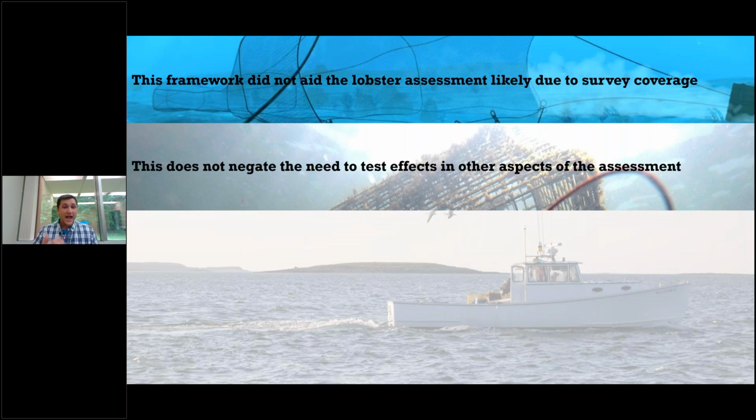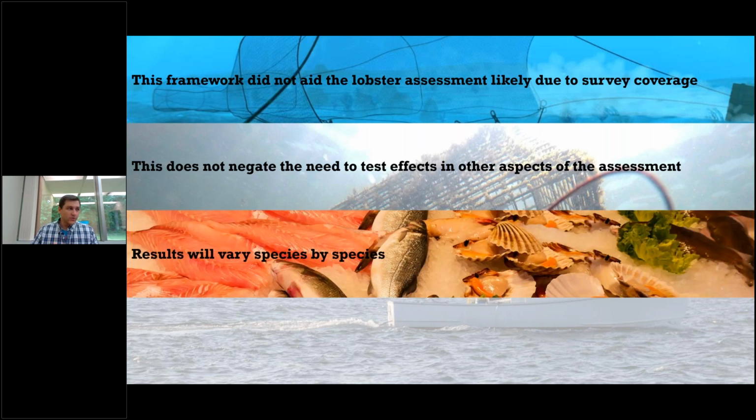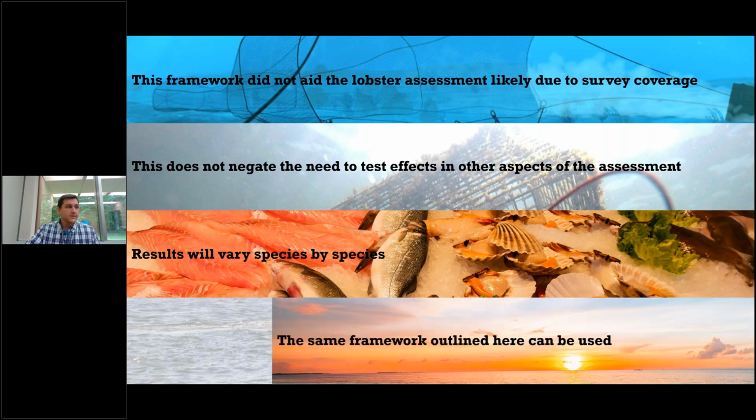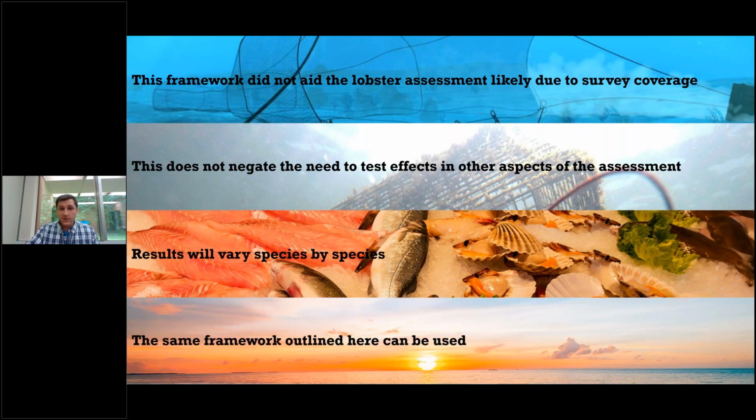Temperature and depth effects on other aspects in the lobster stock assessment might still improve the overall model, but these results are not saying that they won't. And these results will vary species by species. For lobster, we now know that inclusion is not necessary, but this does not give us any information on other species or other assessments. And any and all interested parties can follow our methodology to test this framework on their species or their assessments, and we highly encourage it.